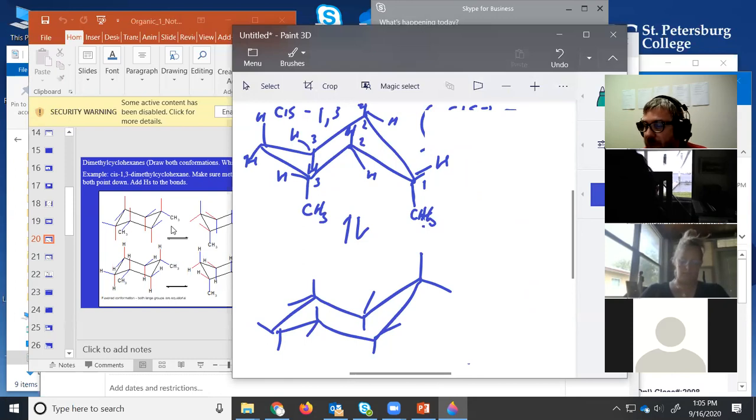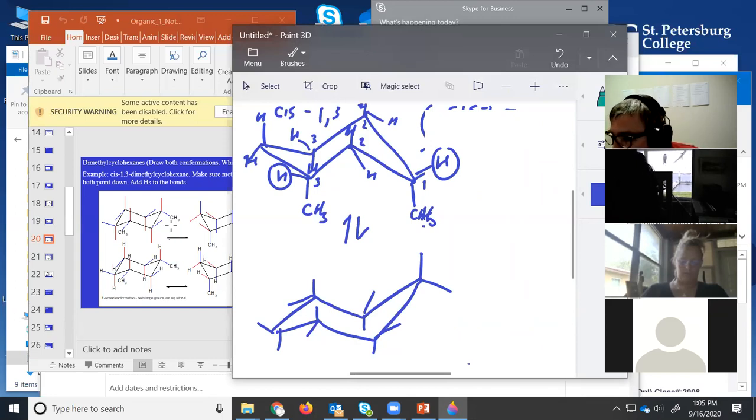If they're on the same carbons and pointing upwards, that would still be cis, but they'd both be equatorial. So what I'm saying is they'd be where these circled hydrogens are. They'd switch places, assuming they're on the same carbons. Yes, yeah.